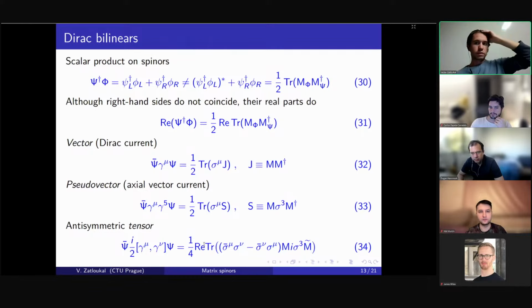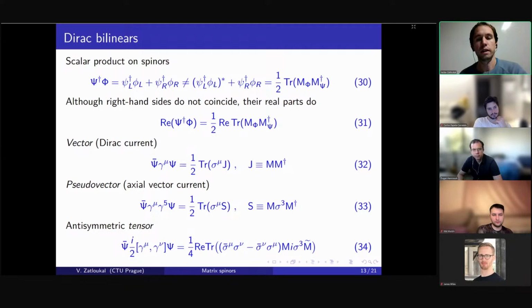So before tackling the other Dirac bilinears, let's also realize that the Hermitian scalar product on spinors is written out like this. On the matrices, we can also quite naturally introduce a scalar product. And the two are not the same.